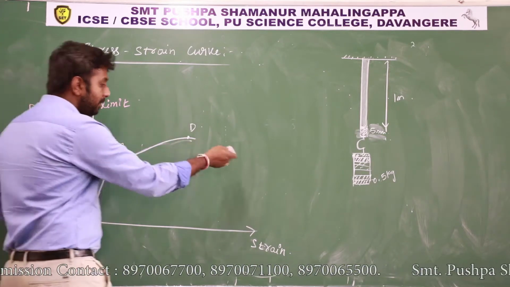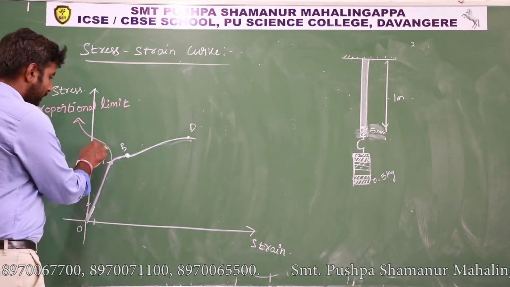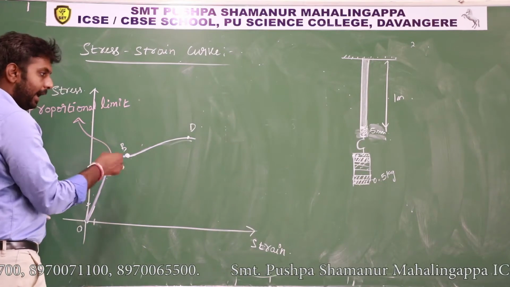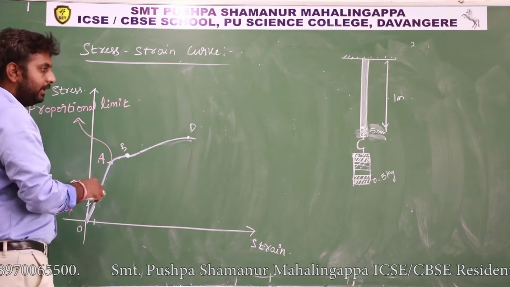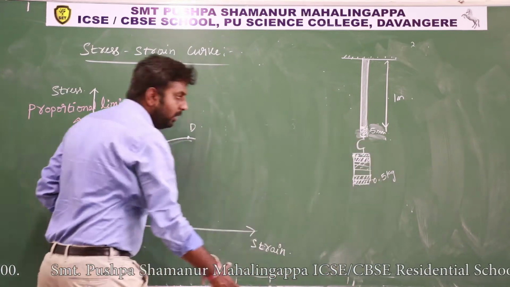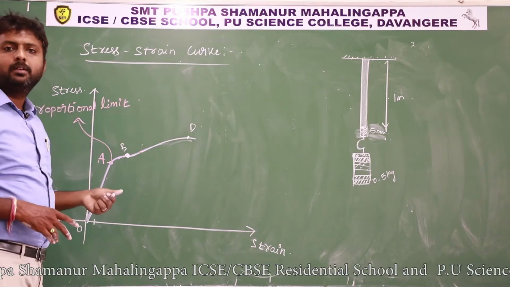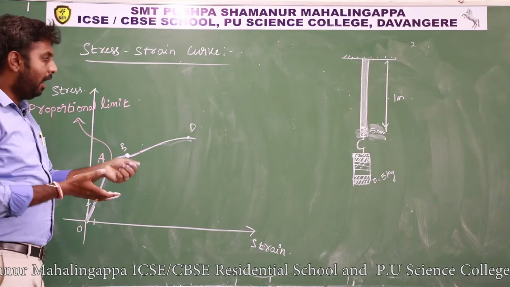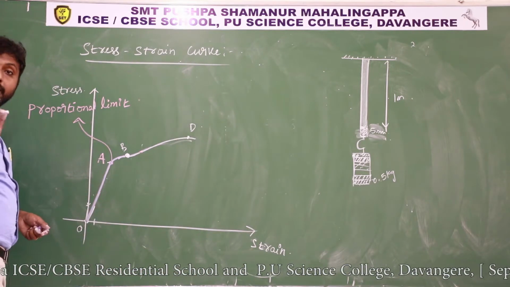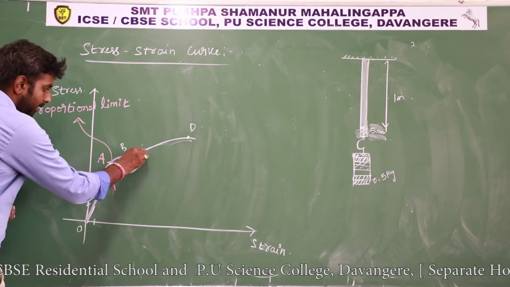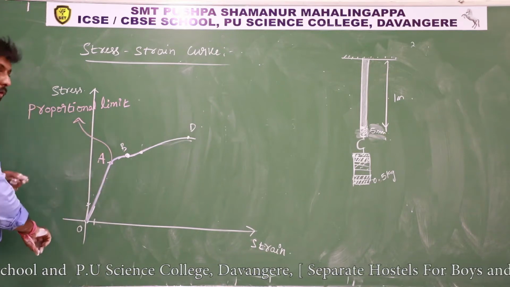After 6 kg, I added 0.5 kg, and I see whether, if you remove all the load, 6.5 kg, it will regain the length or not. What I observed is, after removing 6.5 kg, the length was not restored. Up to the 6 kg point, the length is restored.